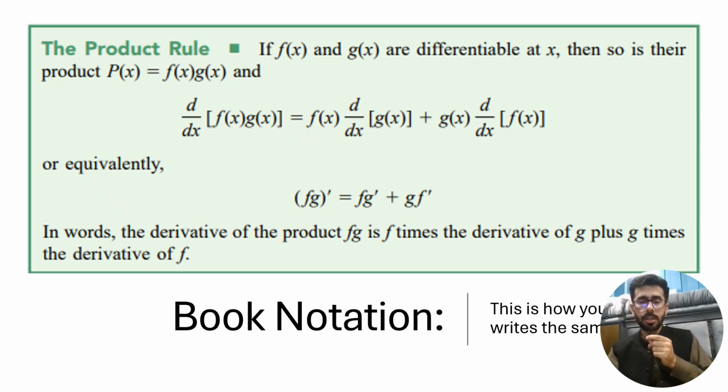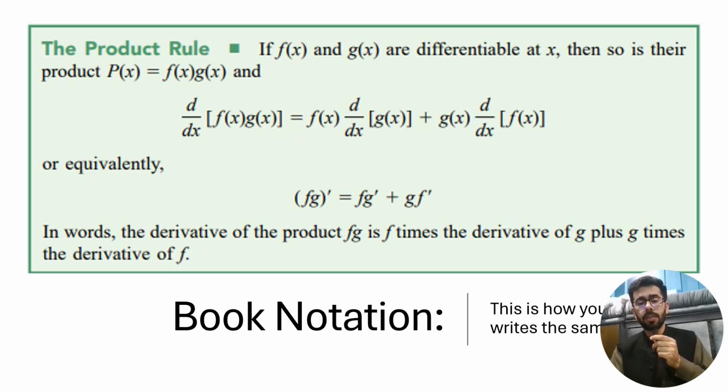In your book, the same rule has been discussed using this notation. For example, you are finding the derivative of the product of f of x and g of x. F of x is your first function, g of x is your second function.